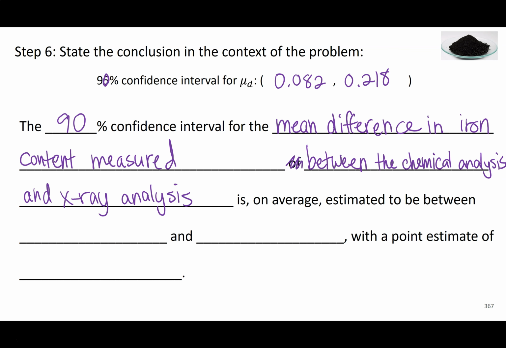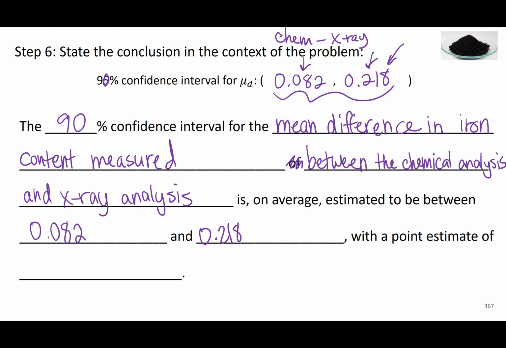The mean difference is on average estimated to be between 0.082 units if you had them, and 0.218. So here we did chem minus X-ray. And we get positive endpoints, positive 0.082 and positive 0.218. This indicates that on average we estimate that the chemical analysis detects a higher iron content than the X-ray analysis does.